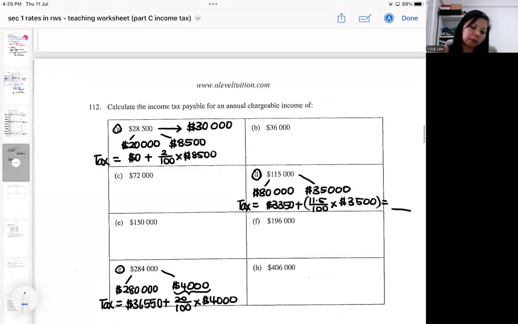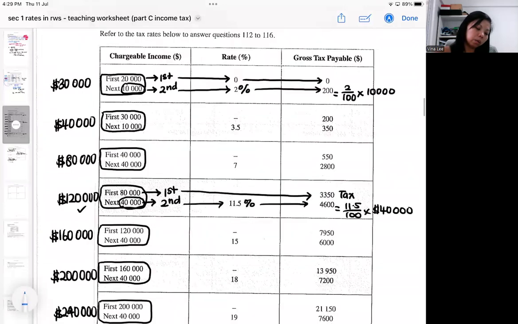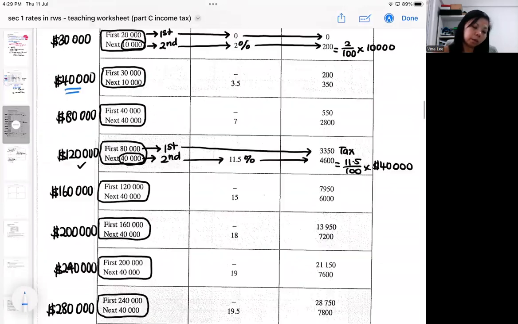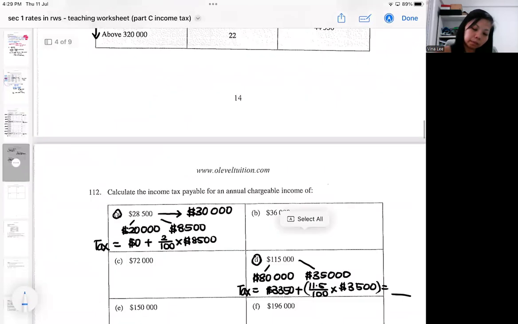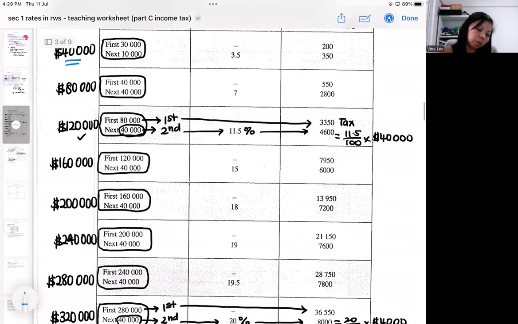So for example, 36,000 will go into the 40,000 bracket. 72,000 will go to the 80,000 bracket.